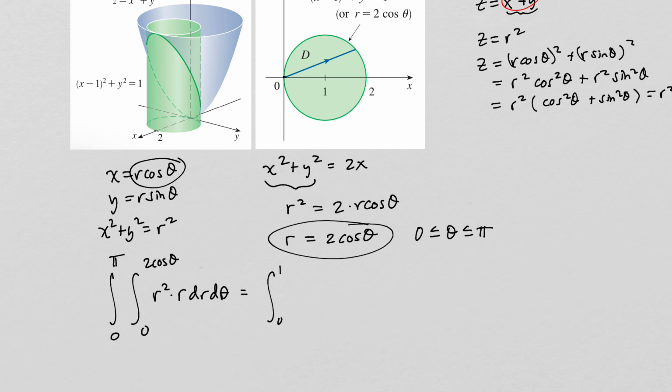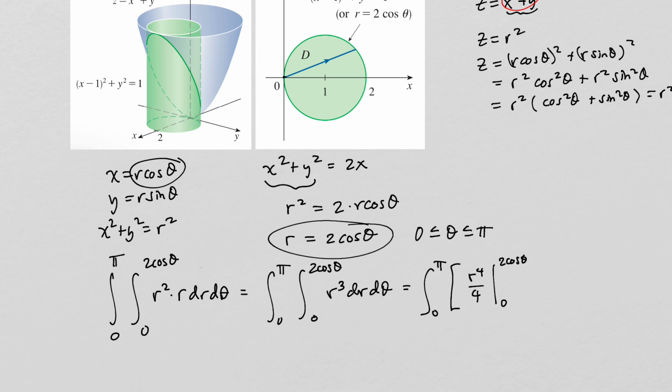This, of course, is the integral of r cubed, which is the integral of, first integral is r to the 4th over 4, from 0 to 2 cosine of theta, d theta.